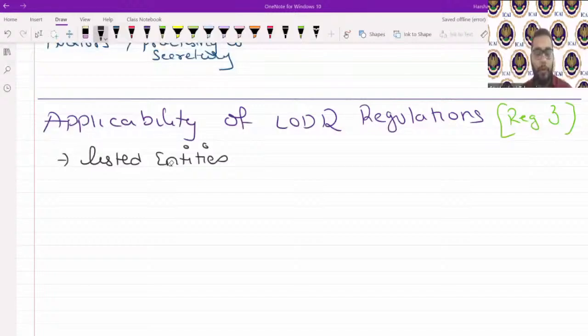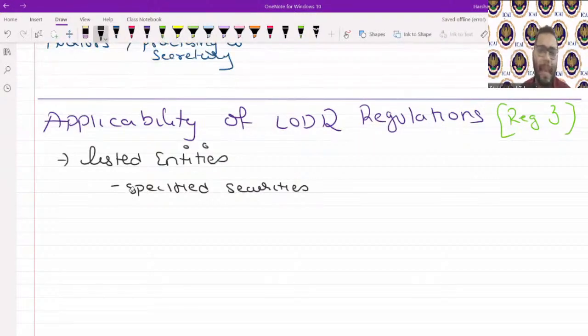There are details specified in LODR that it should be specified securities on the main board or SME exchange or innovators growth platform.